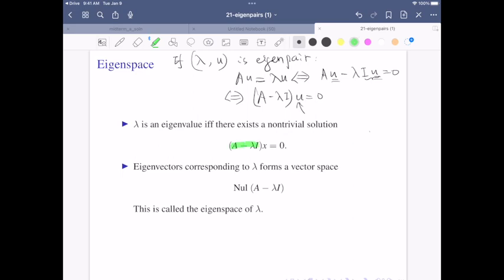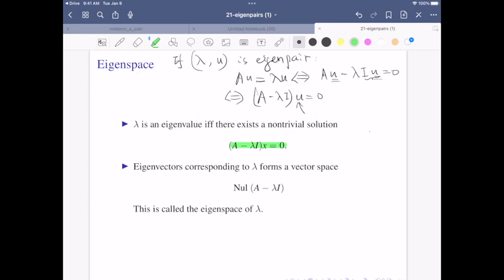All right, so this is the first fact. Now let's introduce the eigenspace. The eigenvectors corresponding to lambda form a vector space, and this is called the eigenspace of lambda.